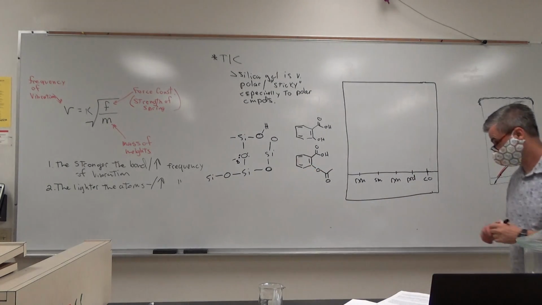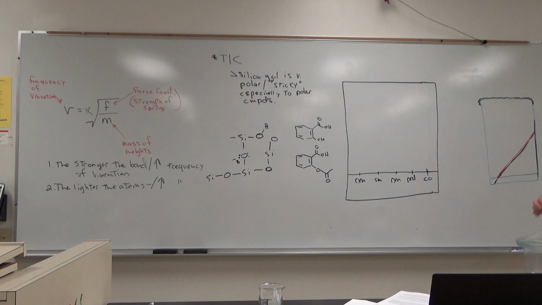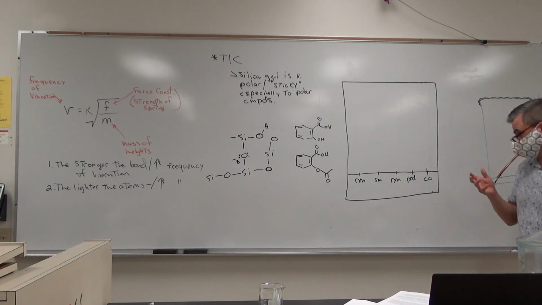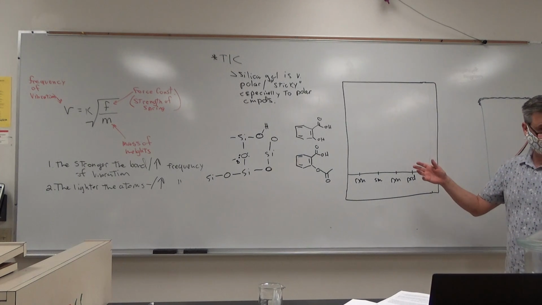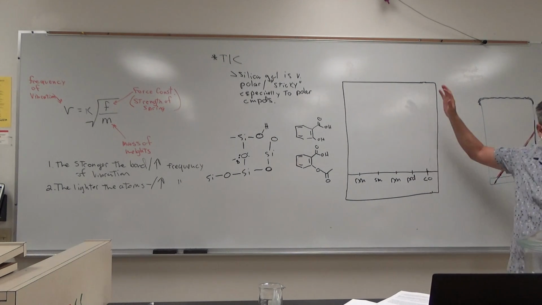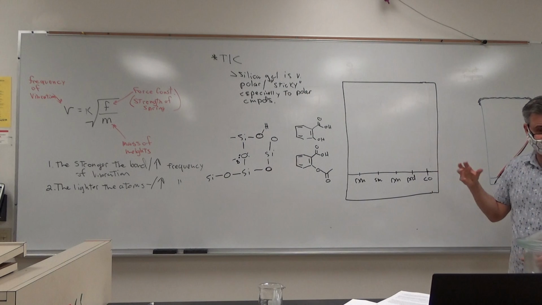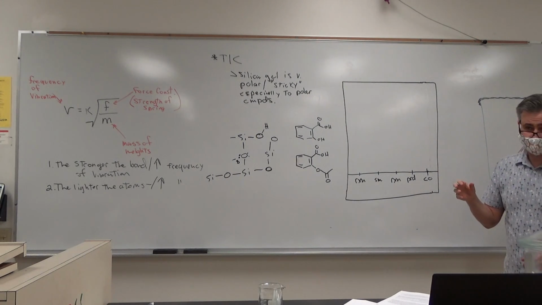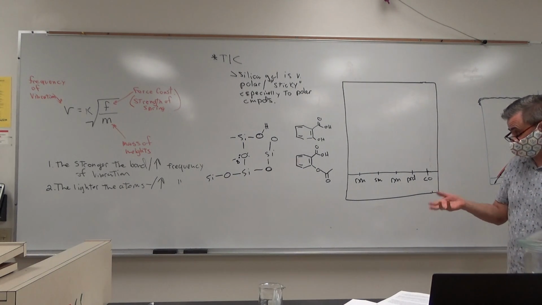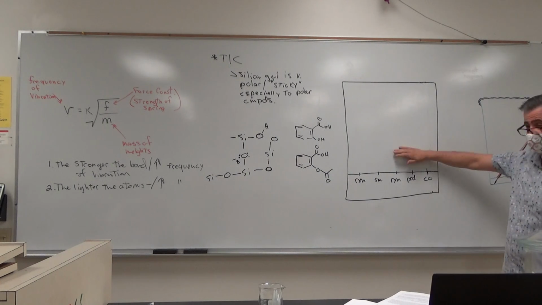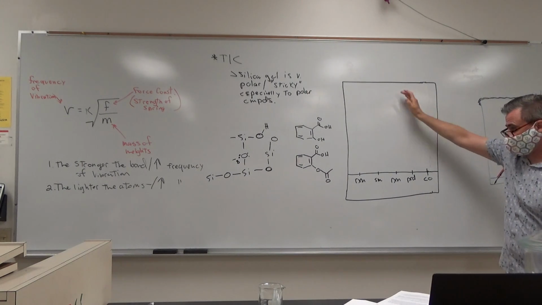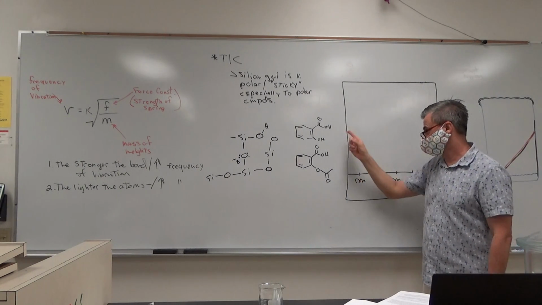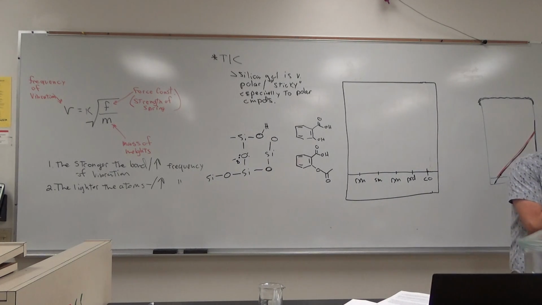Remember I said that the more polar your molecule is, the more it sticks to silica gel, which means it won't go as high because it's really sticking to it. If it's something very non-polar, it doesn't stick to this, and it's going to go right up the plate with the eluent. Which one of these, top or bottom, do you think is more polar?